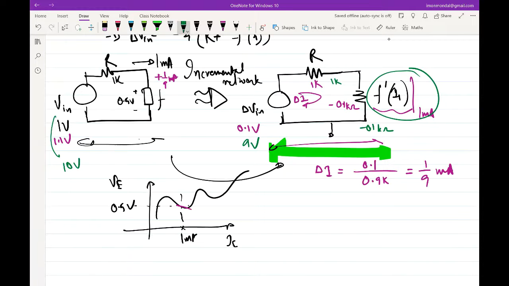A perfectly linear element, slope never changes, so it doesn't matter. If it's an R by R network, I can have delta V of 100 volt, 1000 volt, a million volt, doesn't really matter. This incremental network is always valid if you find out the case for one particular condition. But if you have an actual nonlinear network, you will have to justify for what value of increment the incremental network is valid. You'll have to be slightly careful, right?